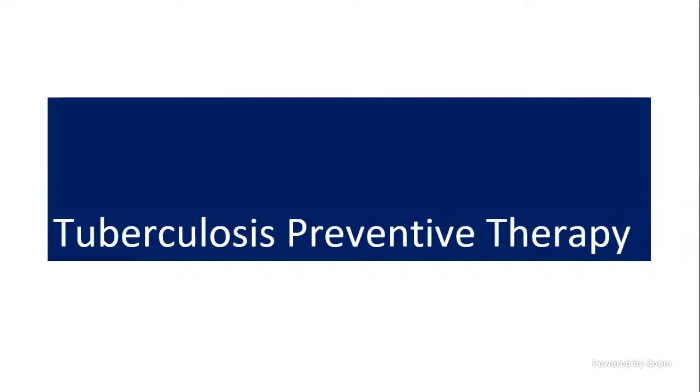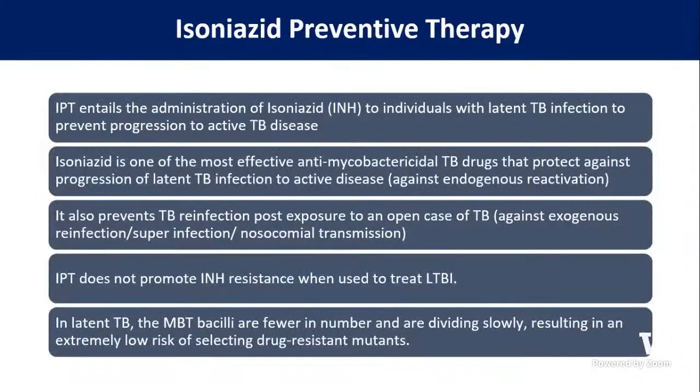Coming to TB preventive therapy, next slide. Here we call it INH preventive therapy. Whenever we talk of INH, it is mostly to prevent even the latent infection from progressing into an active disease. In our medical officers training modules, we see progression of disease from 10% to 60%, and that's what we want to prevent. 60% of the population will already have TB bacilli in them, but not a frank disease.